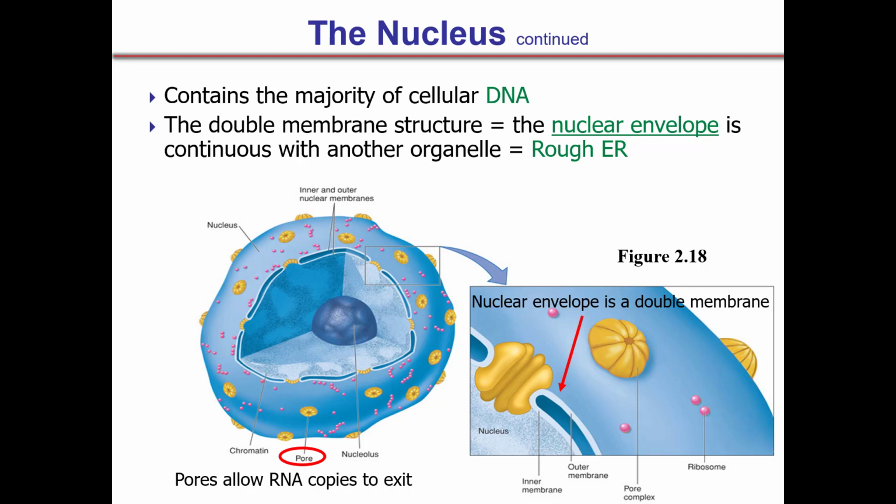So things can leave, like RNA. When it's ready to initiate translation, the RNA needs to leave the nucleus and go find these little tiny purple ribosomes. It's another one of our organelles that we'll talk about here in just a second. So the ribosomes are hanging out by the nucleus, ready to start protein synthesis through the process of translation.